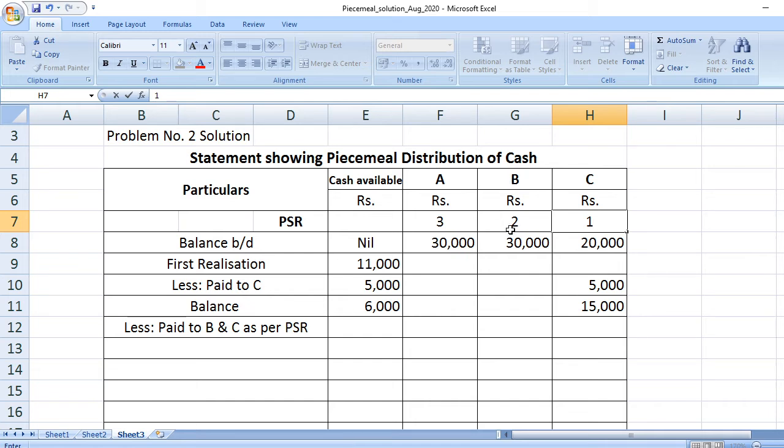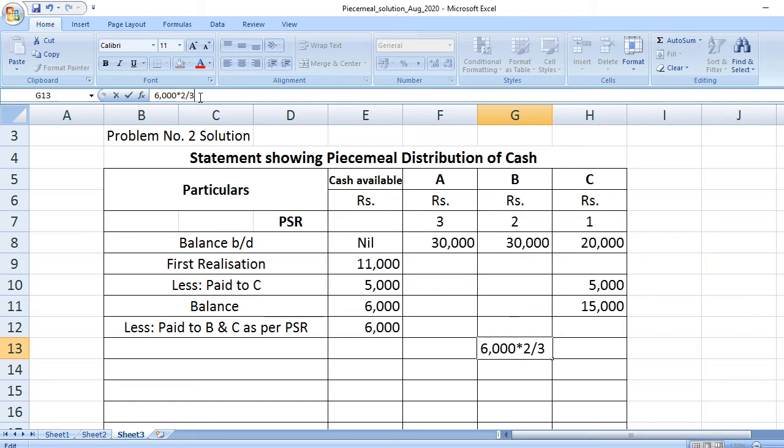Now B is sharing 2 and C is sharing 1, and we have to distribute only 6,000 amount to B and C. How will we distribute it? So 2 is to 1, this ratio we will use here. 6,000 into 2 divided by the total of both the ratios, divided by 3.